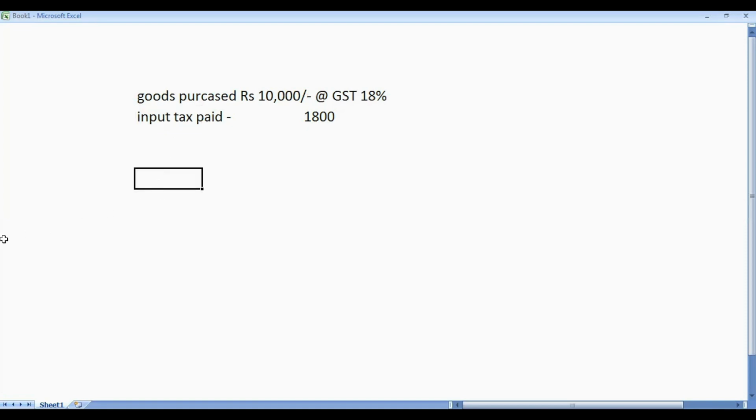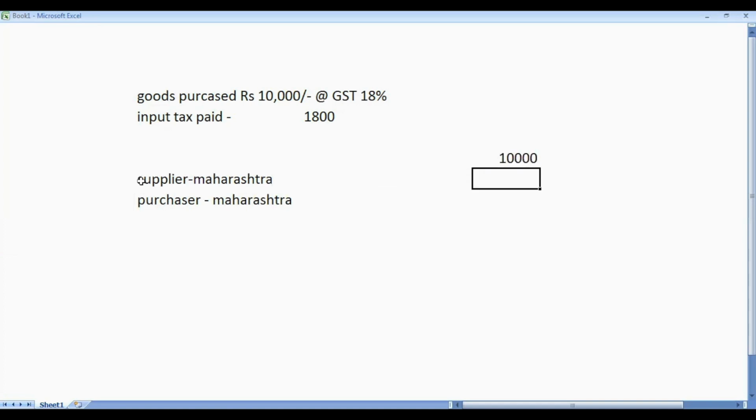Within the state, the supplier is from Maharashtra and the purchaser is from Maharashtra. In that case, the goods costing rupees 10,000 will have 18% GST, out of which CGST will be 9% and SGST will be 9%.